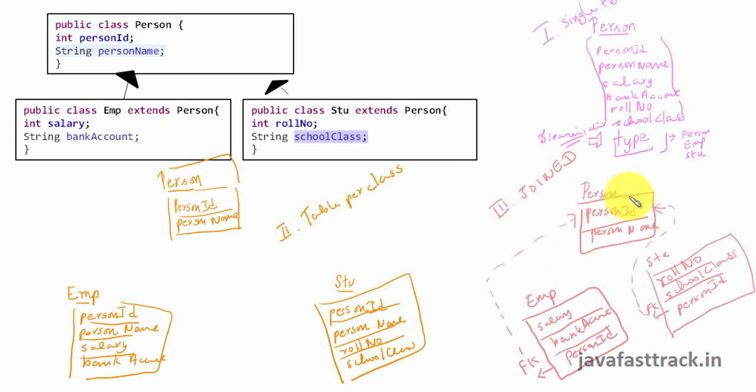Here also you'll have 3 tables as you see, but you have foreign key relationship. Employee table has employee related fields, student table have student related fields, and then foreign keys. These foreign keys relate to the parent class to fetch the common data belonging to the person.